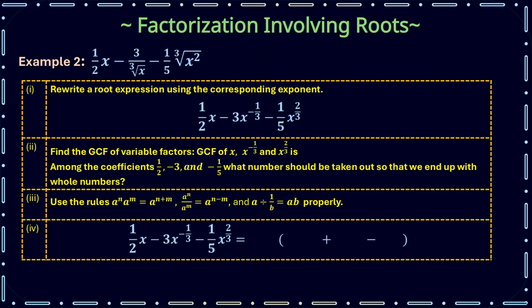Now again, we have coefficients 1/2, 3, and 1/5. Remember, we want to take out the fractions. If you take out 1/2 from 1/5, you're not going to end up with a whole number. Nor if you take out 1/5 from 1/2 are you going to end up with a whole number.